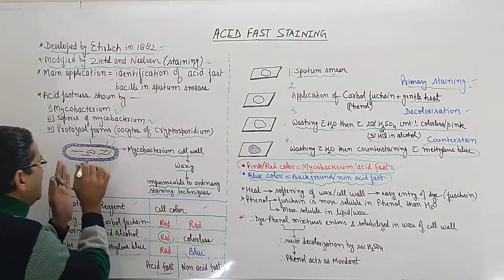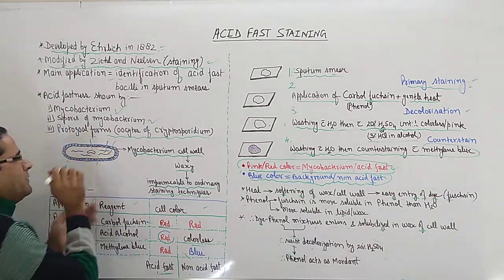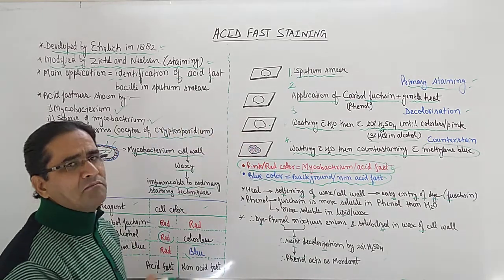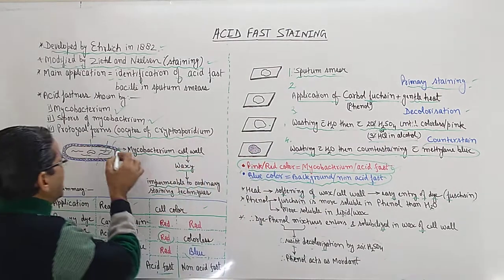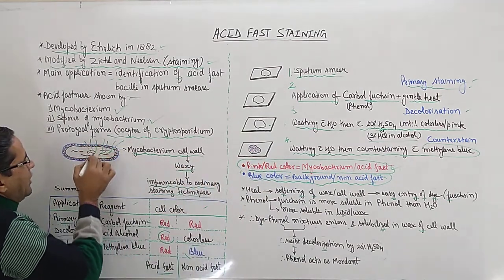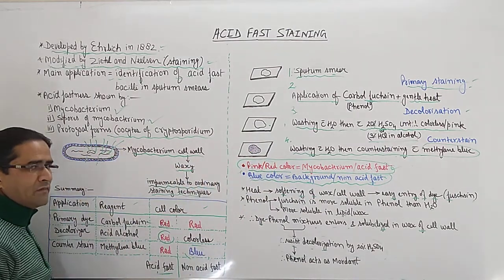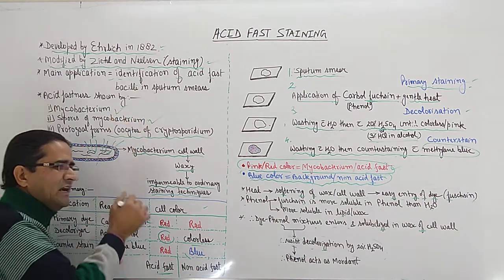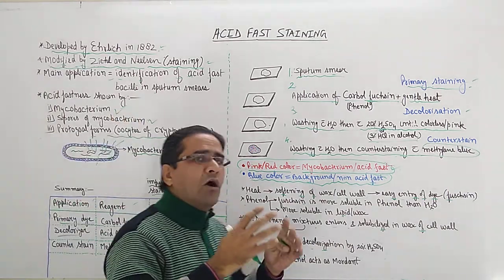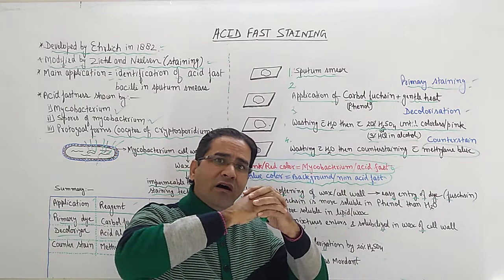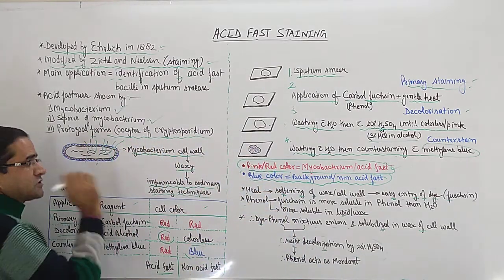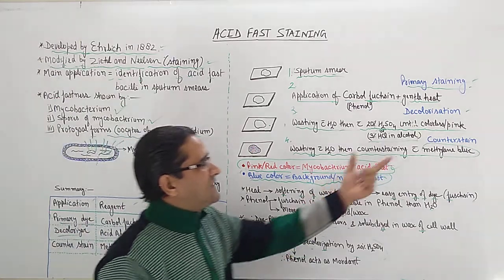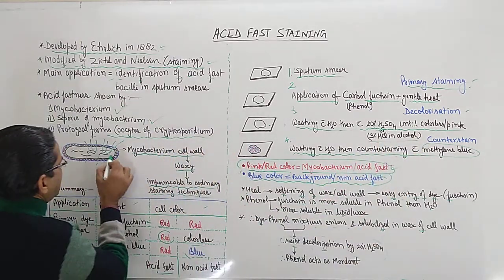Because if the bacterium is mycobacterium, if it is present in the sample, the primary dye which enters into the cell wall goes inside and forms a firm bonding with it. So when decolorizer is added, it will not come out.